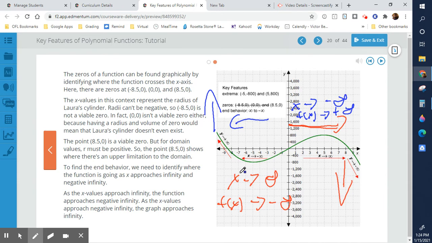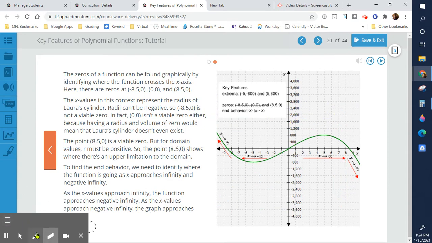Whenever we're talking about our end behaviors, there should be one where x is going to positive infinity and another one where x is going to negative infinity. And all that means is, as x goes to positive infinity, we're going to the right. As x approaches negative infinity, we're going to the left. And we're just going to talk about what happens. Well, as we're going to the right, we're going down. And as we're going to the left, we're going up. And that's when we're going to talk about polynomials with powers and things like that.